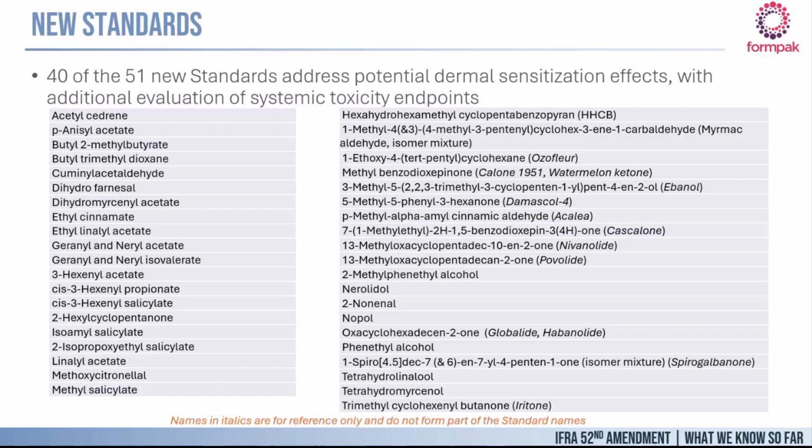And as you can see, there are some very common materials there, even things like phenylethyl alcohol, for example, and obviously herbanalide, globalide. They're materials used in significant concentrations and across lots of products. So people's products are likely to be affected by these new standards.